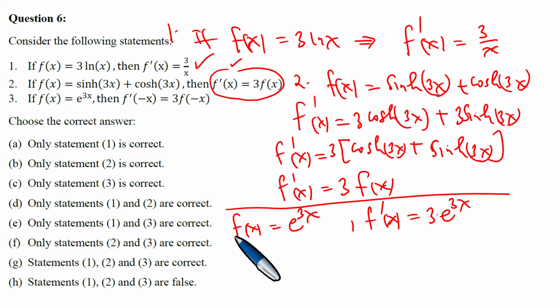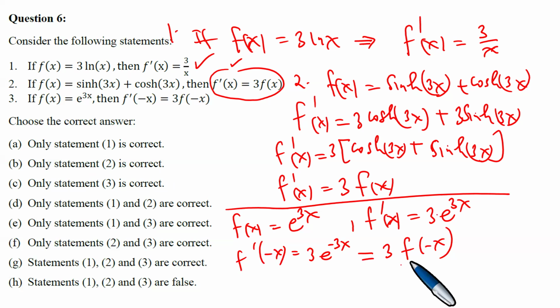Then now you need to say f primed of minus x, which is actually minus 3x in this particular way. And indeed, we agree that it is 3. And now we can see e to the power minus 3x is f of minus x.